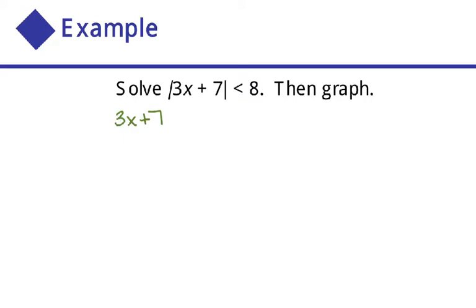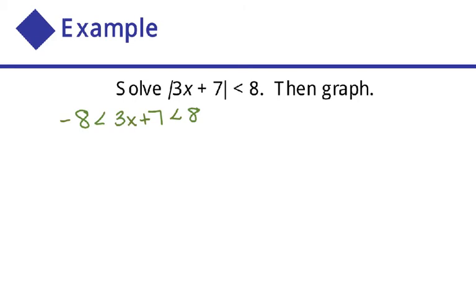Which means this expression itself is less than 8, but greater than -8. It's between the two, right? That expression's distance from 0 on the number line is less than 8, so that expression's value is between -8 and 8.